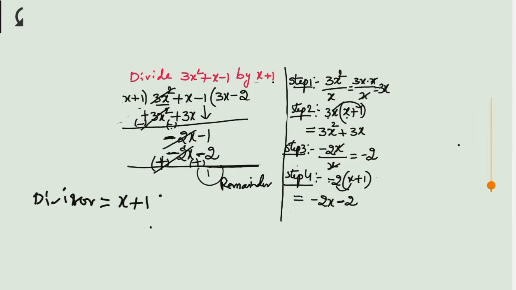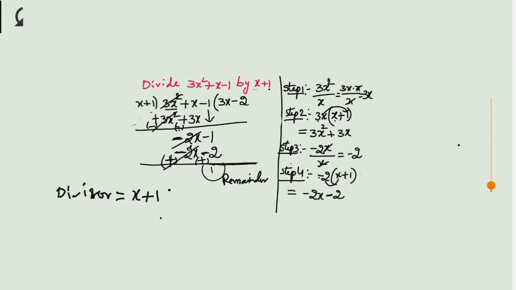Observe the zero of this divisor, the zero of x plus 1. We equate the divisor to 0, so x plus 1 equals 0, and x becomes minus 1. This is the zero of the divisor.